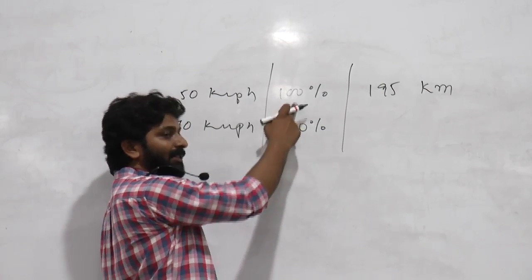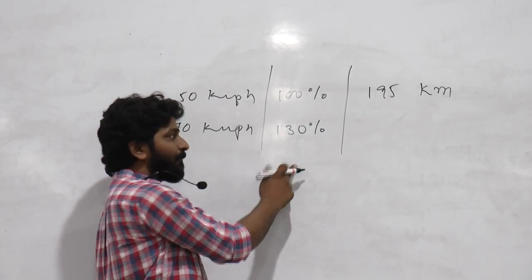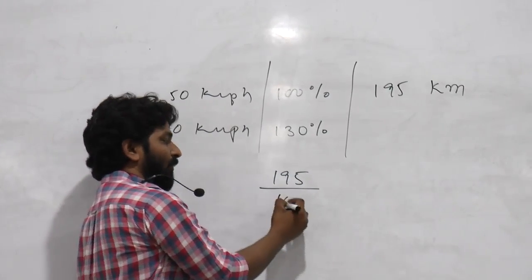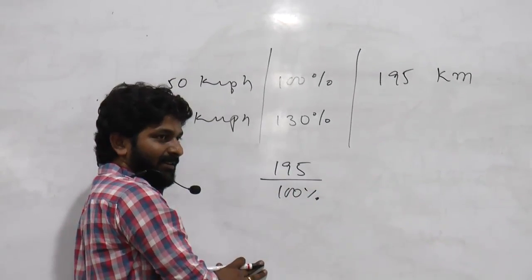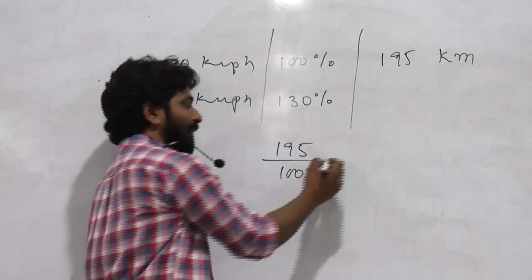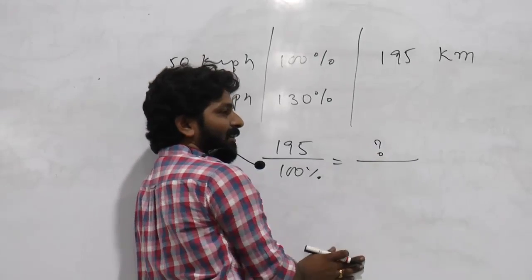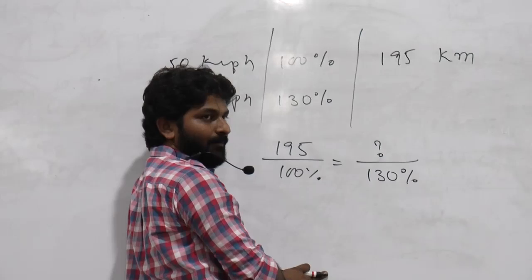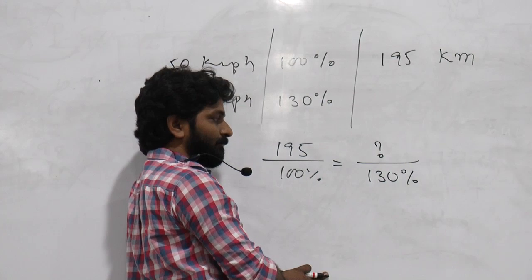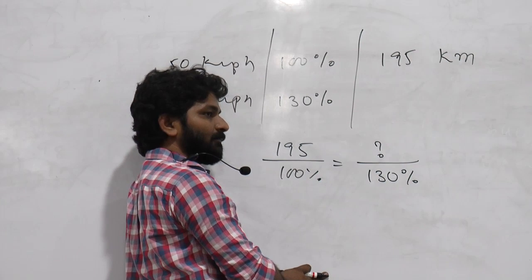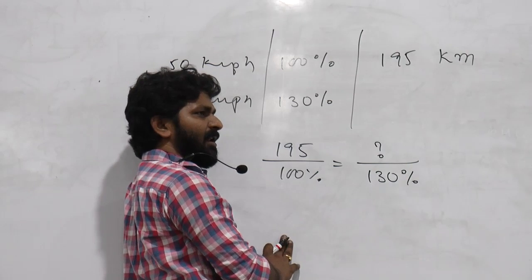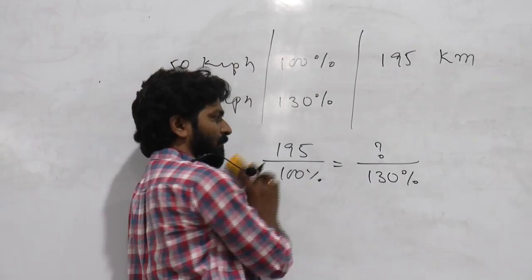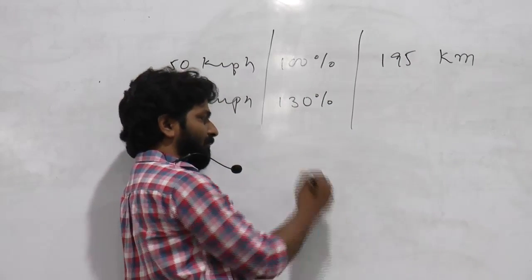diesel consumption will be 30% more. Okay, now 195, work done is 100%, 50 km per hour. How many kilometers can you travel with 130%? M1D1 = M2D2.